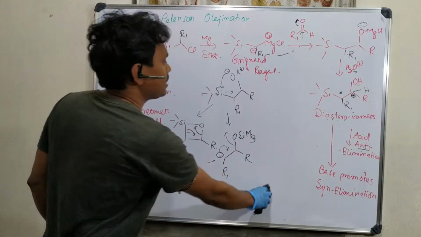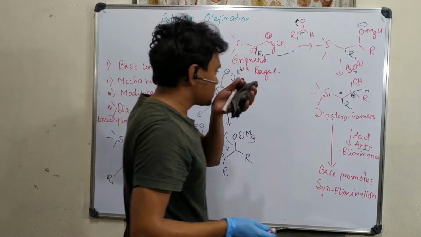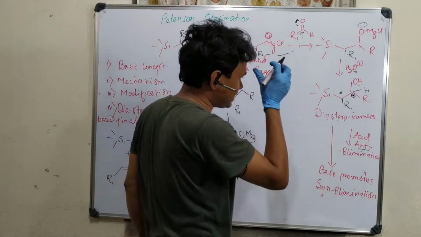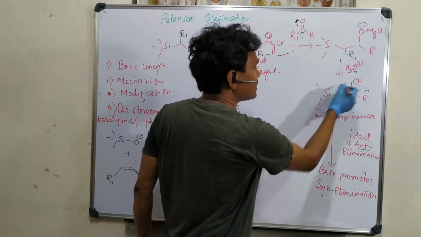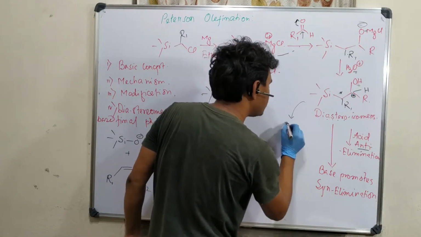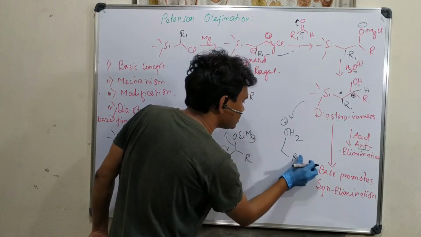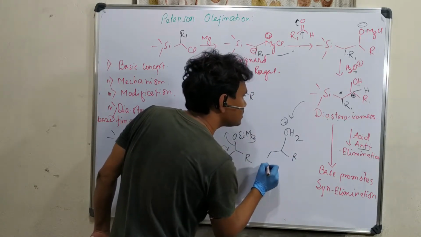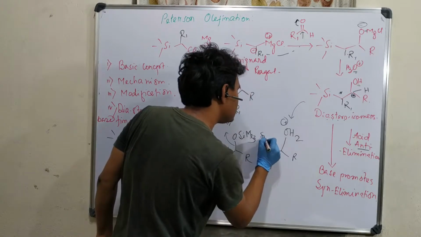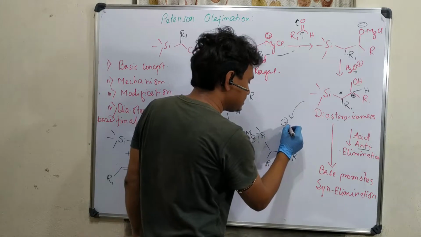So if instead of base, acid is taken, what happens? Then it first generates OH2 plus. This is R1. So this is R, this is R1, this is the silicon region, and this is plus.